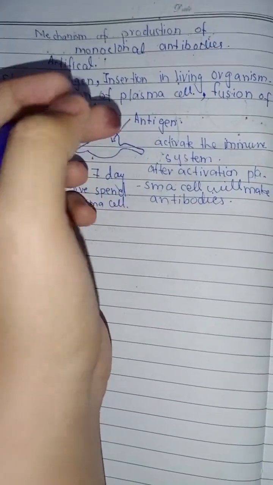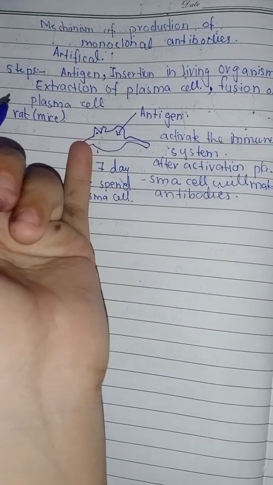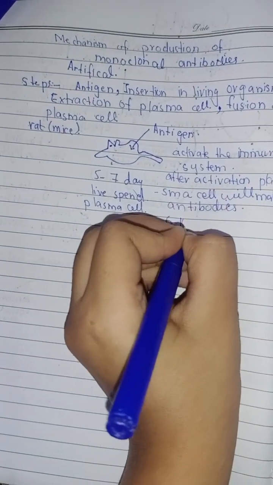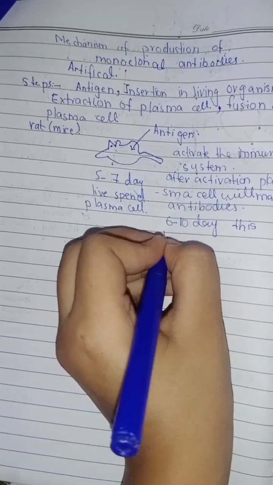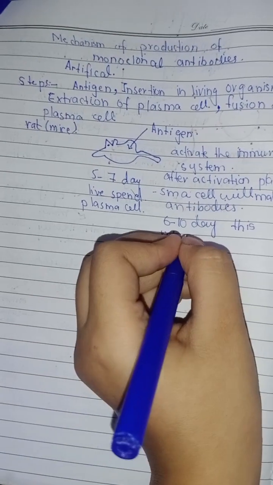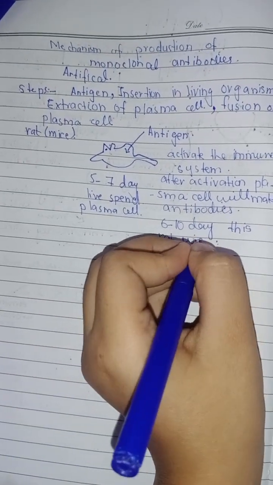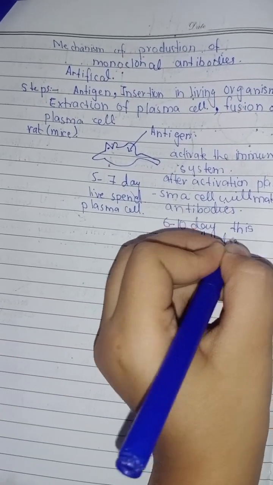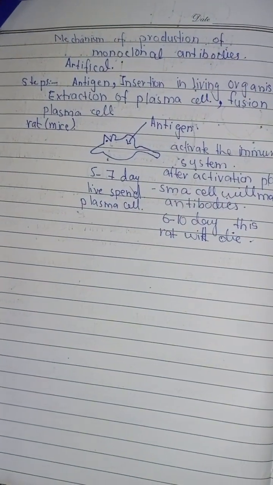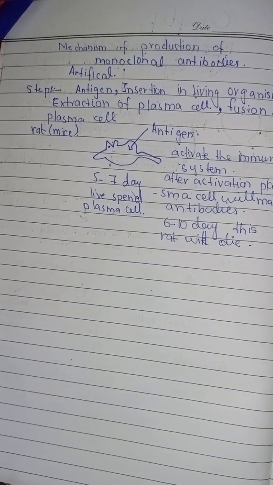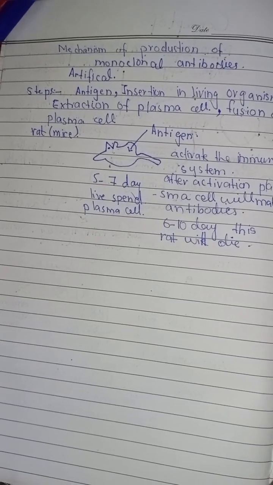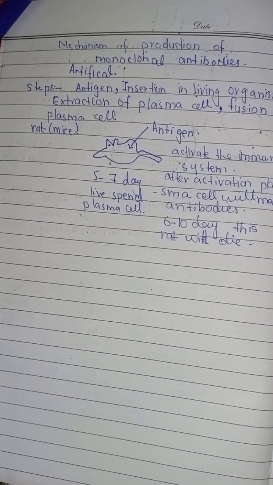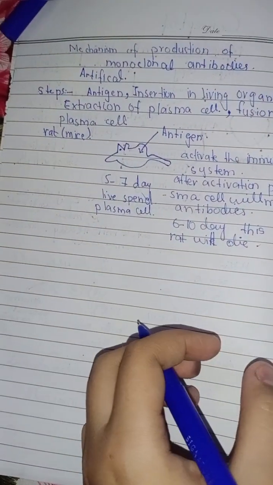Plasma cells make the antibodies inside the body. Then after 6 to 10 days, this rat or mice will die. So plasma cells also have a little bit of life, about 7 days.